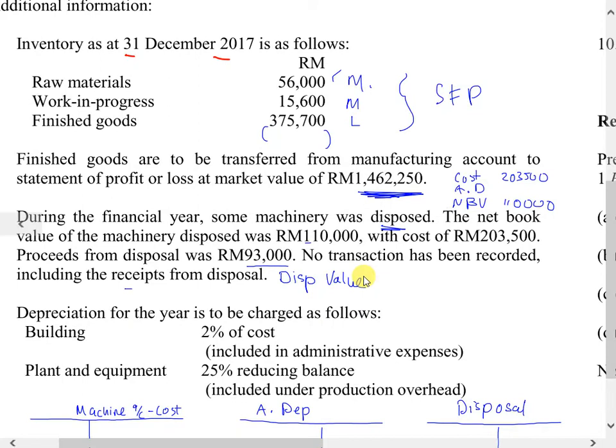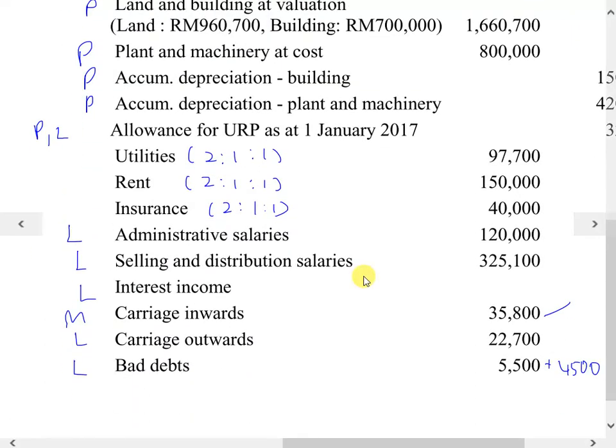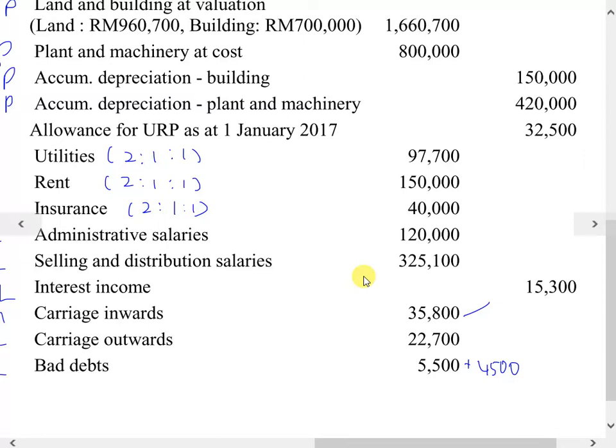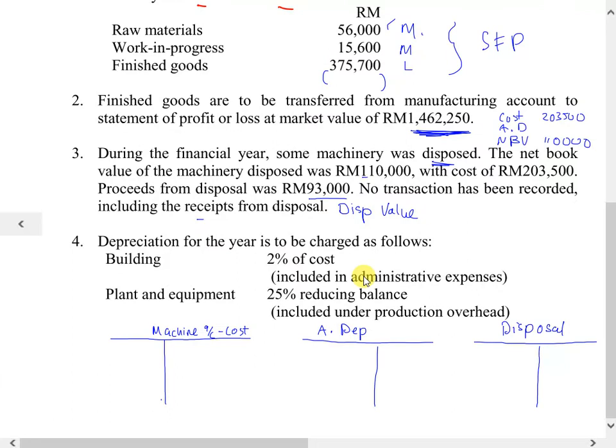No transaction has been recorded for the disposal, including the receipt from the disposal. Means the money that you receive all not recorded yet. So we have machinery 800,000 cost. We have machinery accumulated 42, but haven't adjusted for the disposal. 842, balance brought down 800, balance brought down 42, means net book value 38. Haven't record the disposal, so let's record.